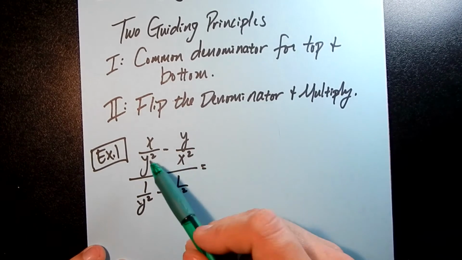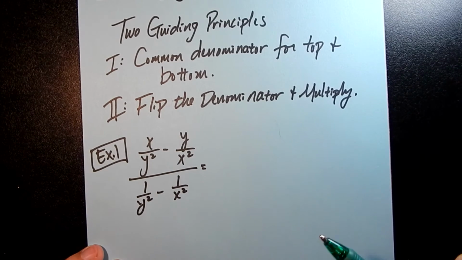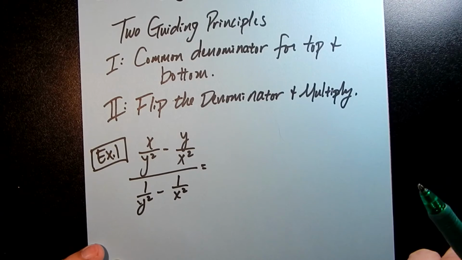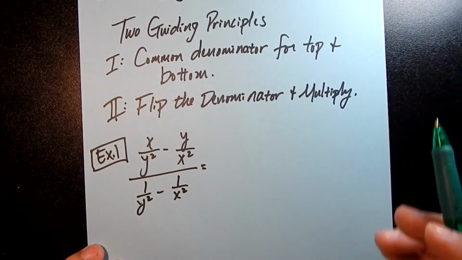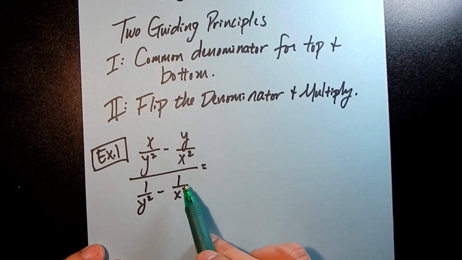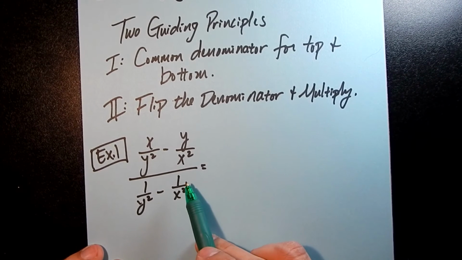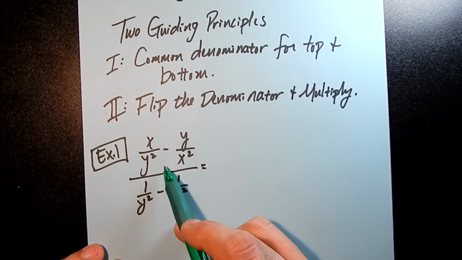Now, because we're multiplying the top and bottom of each of these fractions by the same thing, in a sense we're multiplying it by 1. So we're not changing any of the values of these, we're just changing what it looks like. And that's something that's fairly common in mathematics, we're just changing how things look, but not necessarily what they are.